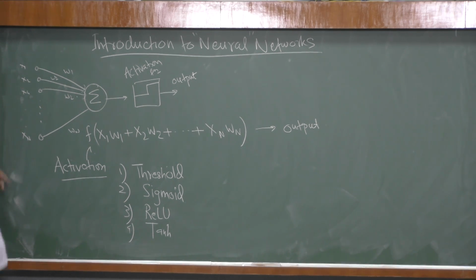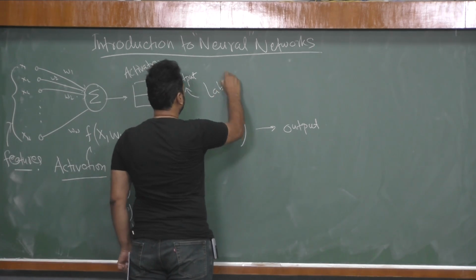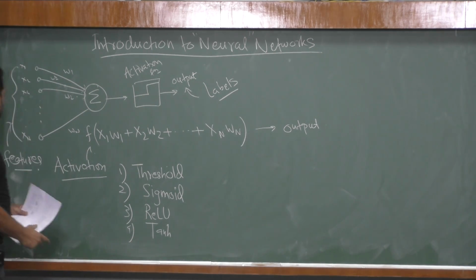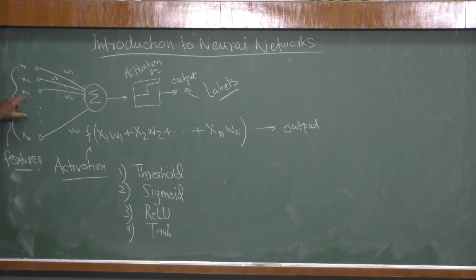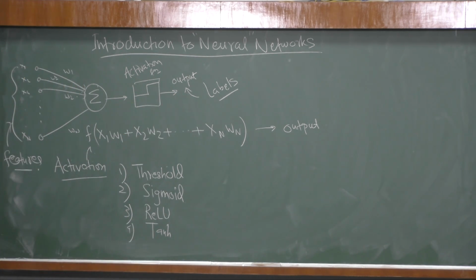So these guys are called features, and this output is called labels. So we have features and labels, and in a machine learning problem, given a set of features, we want to predict the corresponding labels.